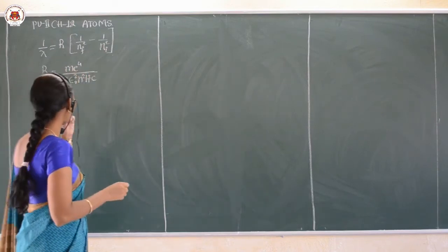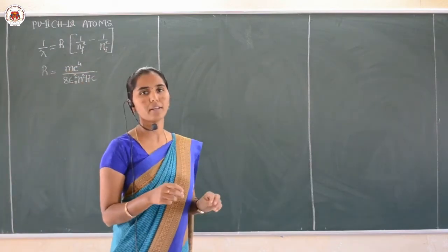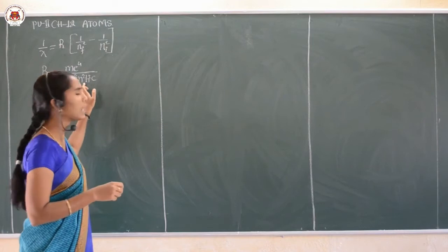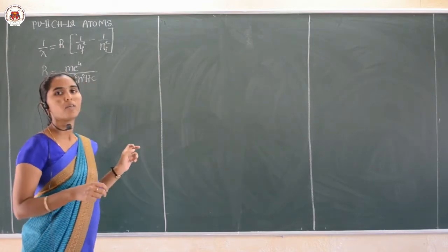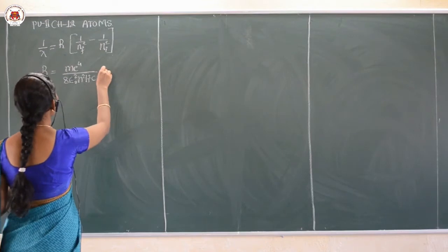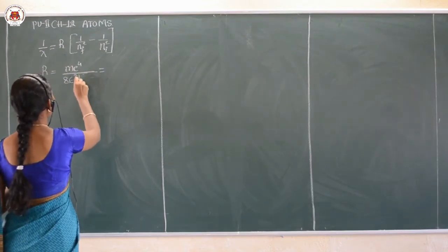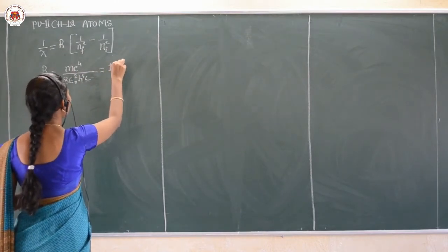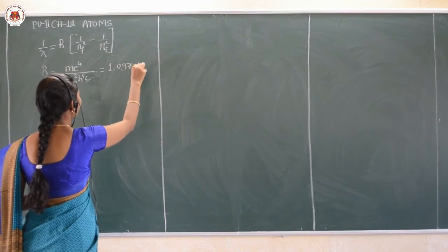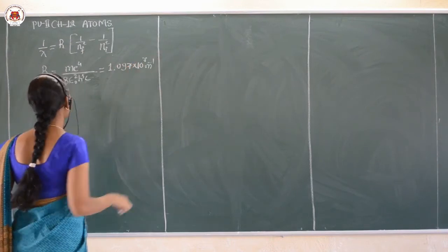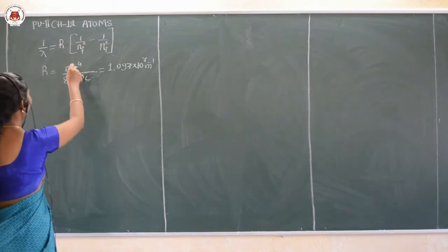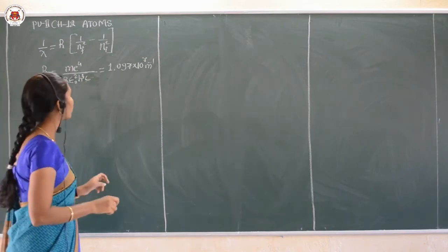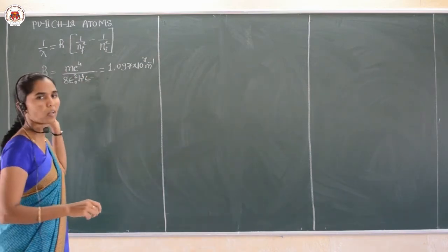So this will be the Rydberg constant formula here, and when we substitute the values of m, e and epsilon naught, h and c here, we get the value R is equal to 1.097 into 10 raised to 7 per meter. This will be our value. Okay, m e fourth upon 8 epsilon naught square h cube c. So that will be the formula of the Rydberg constant here.